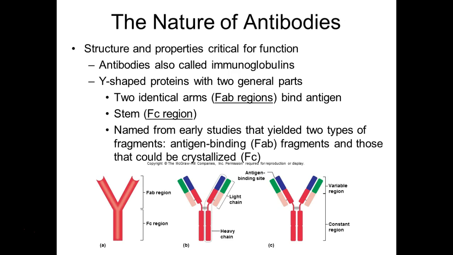So as I said earlier, we referred to that fraction as FC actually because it crystallized. That's how it got that name. But those different regions have specific important jobs. The FAB regions are going to bind to antigens. That FC portion is what's going to interact with the immune cells, and it's what's going to interact with immune components like complement.